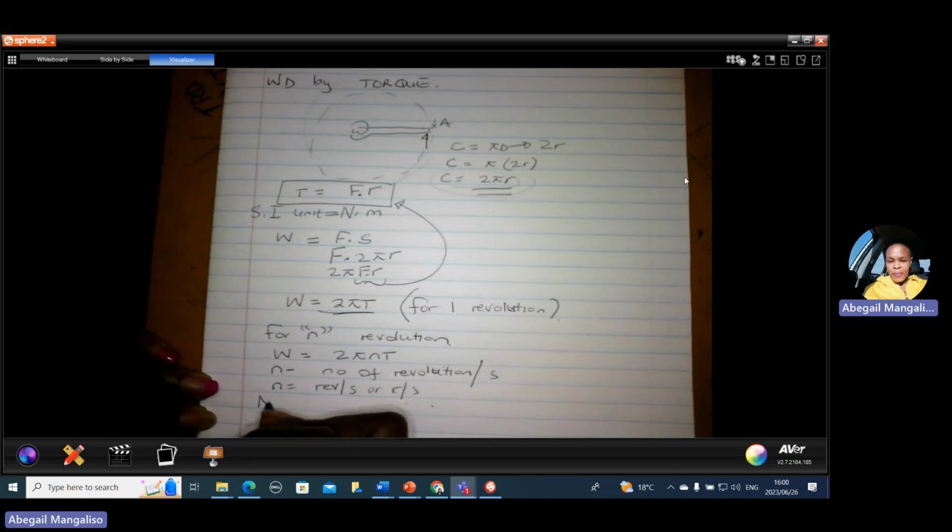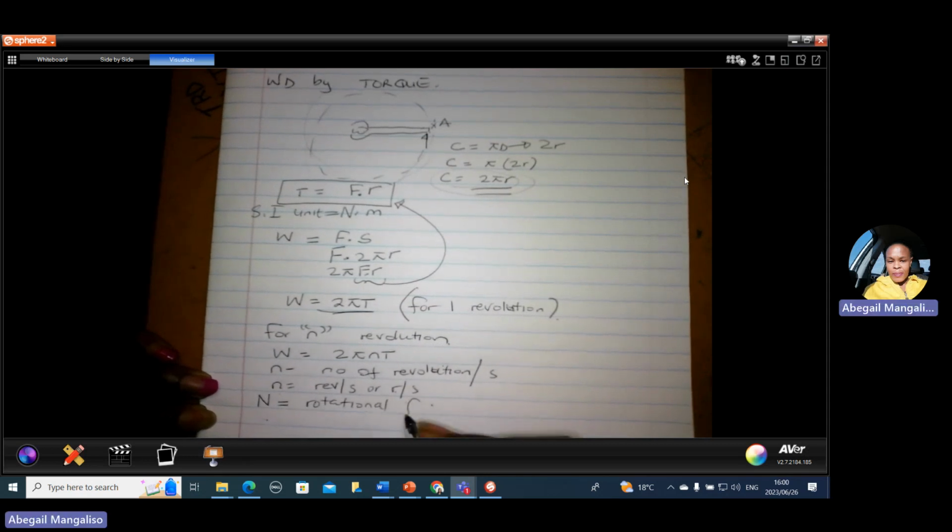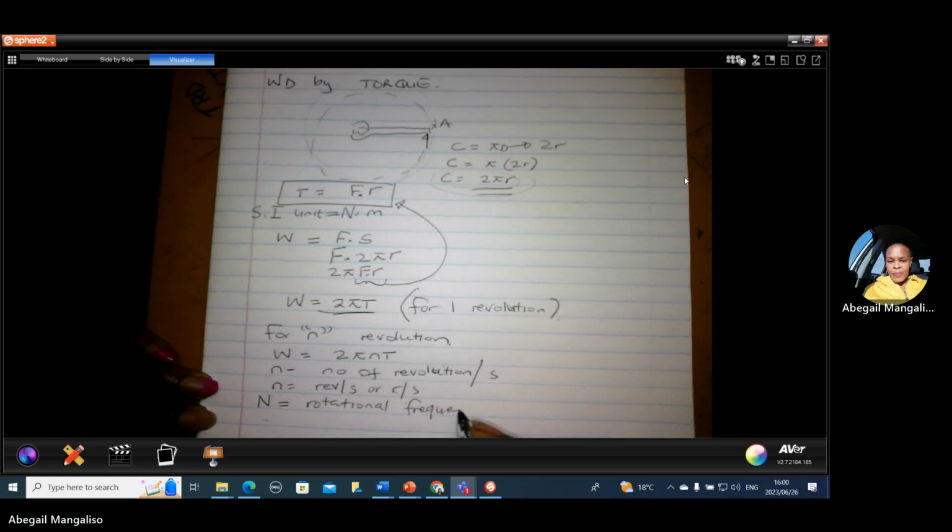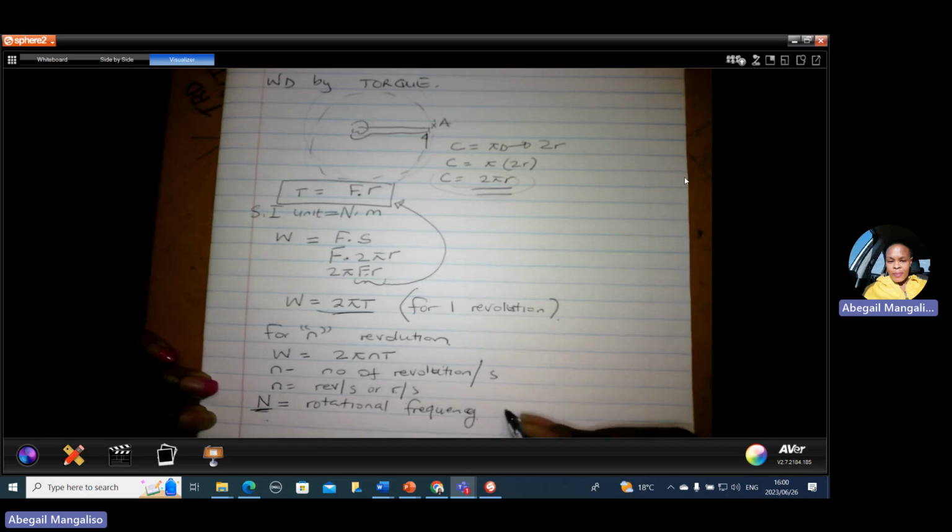So when n is given per minute, it will be capital letter N. And this capital letter N stands for number of revolutions or rotational frequency. So when it's per minute, it will be capital letter N, which is a revolution per minute, or RPM. Can be written like that.